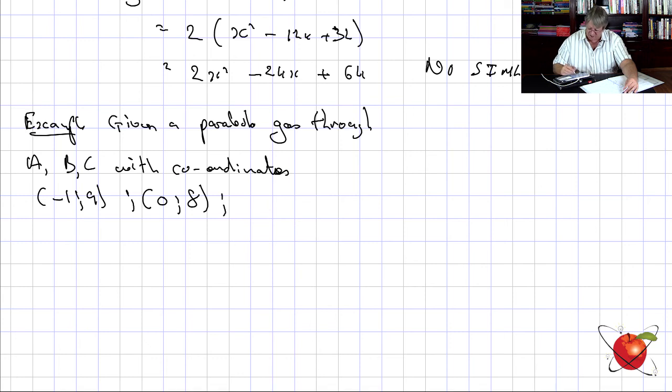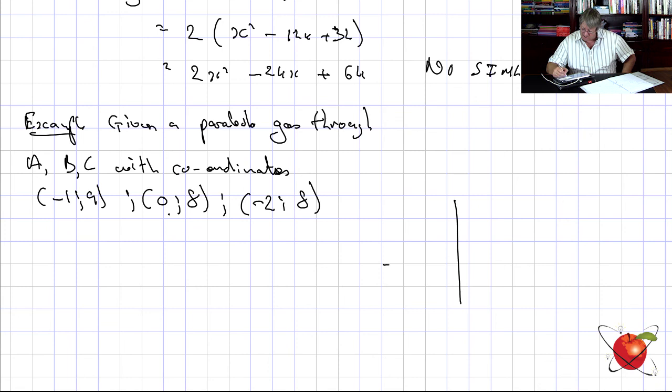Remember, anything with a 0 needs further investigation. Where is that point? It is at 0 and 8, and it is C.